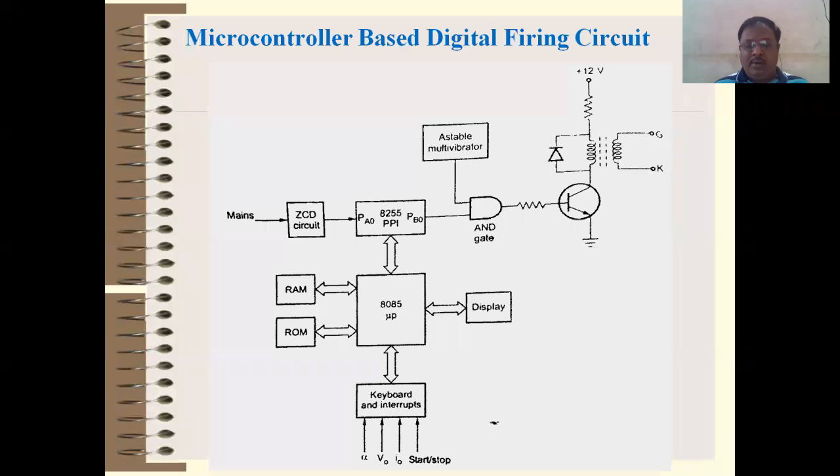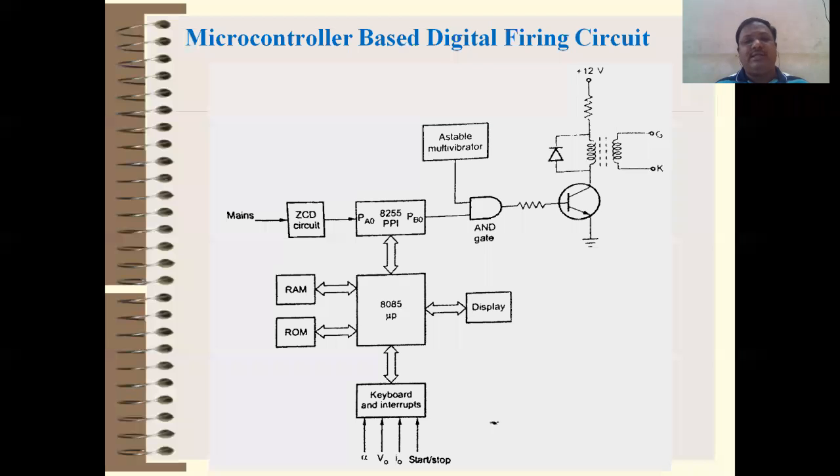Then the ZCD pulses are given to the programmable parallel interface, that is PPI or 8255, right? Because there is no input port on the microprocessor, if you want to apply some input to the microprocessor, you can apply it through PPI. You can even take output of the microprocessor through PPI.